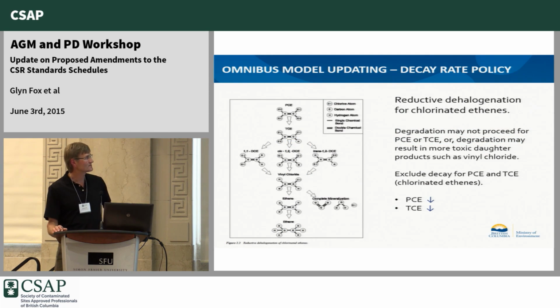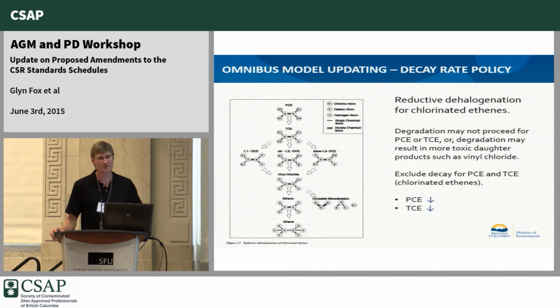Another thing we looked at, an SAB recommendation, and we see this with quite a few sites that we have, is chlorinated organics, chlorinated solvents. We see that with PCE and TCE, it just doesn't degrade in the subsurface. So we have lots of sites where we don't see decay. Currently in the CIS model, that's another name for the groundwater model, we have decay rates, so we allow decay for these substances.